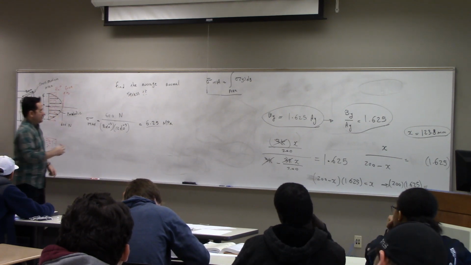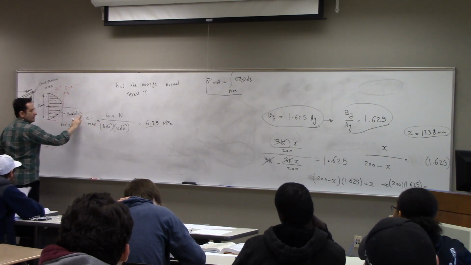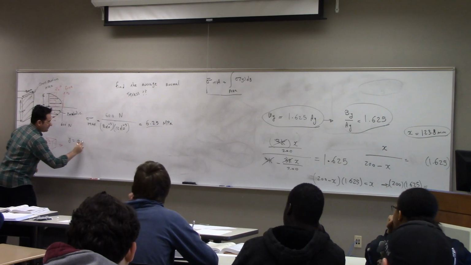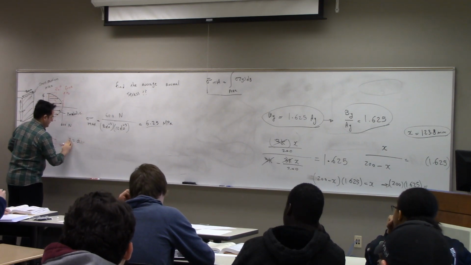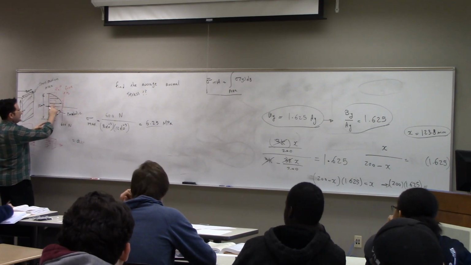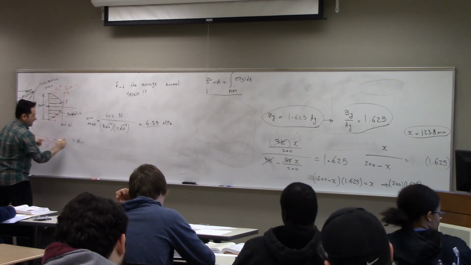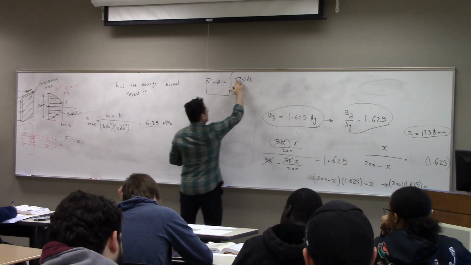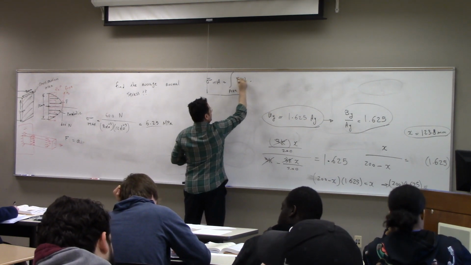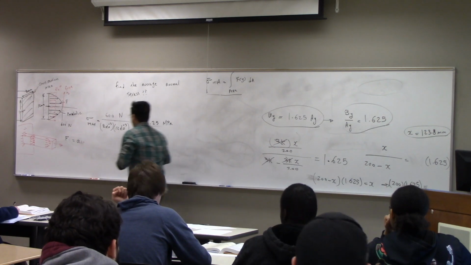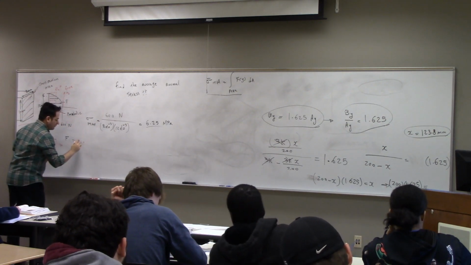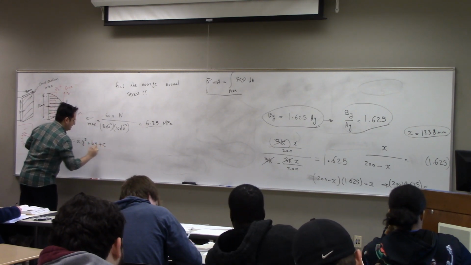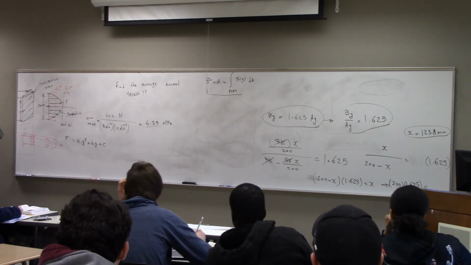I know that it's parabolic, so let's say sigma, force, this force, F, is equal to the integral of F of y dA. F is equal to something times y squared plus b y plus c, parabolic.